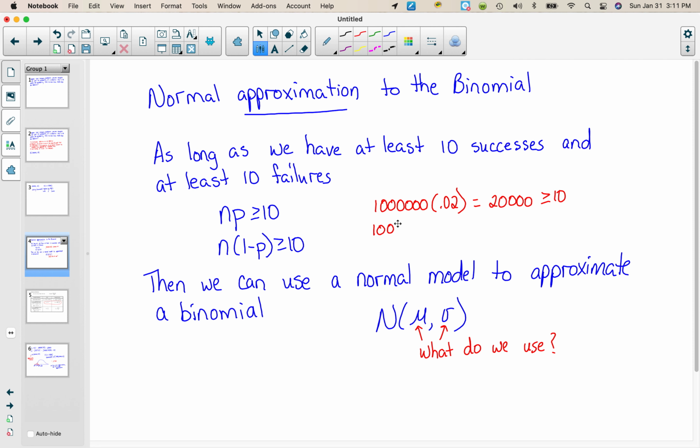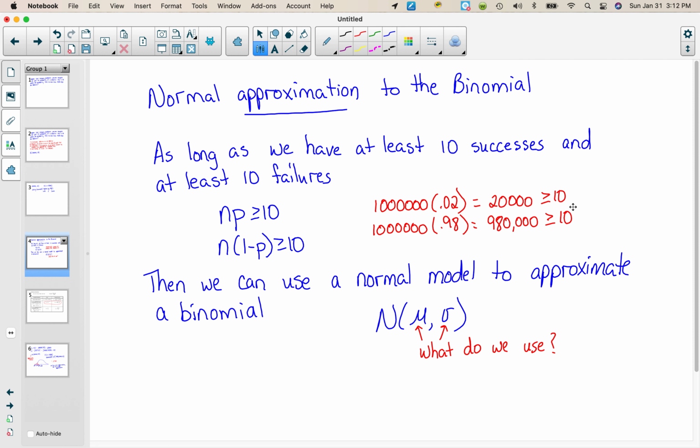And if you take 1 million times 0.98, then you're going to get 980,000, which again clearly is greater than or equal to 10. So we have no problem here. Obviously these are huge numbers. Had I used some smaller numbers, you'd have been able to do the binomial directly with our calculators, which is fine, but I just wanted to show you an example where you couldn't use the binomial.